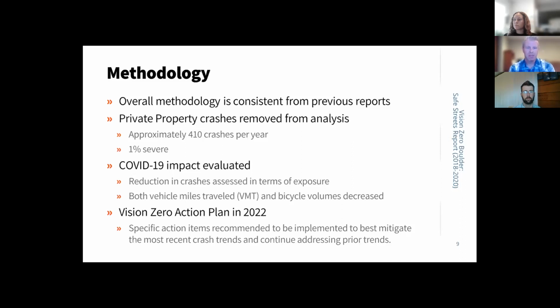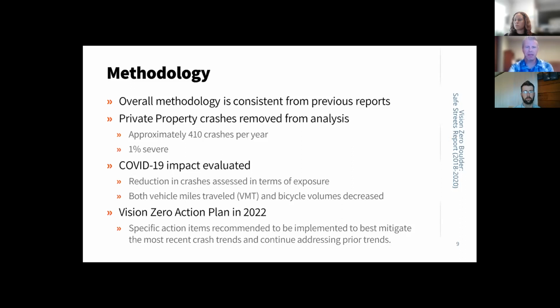The next thing, of course, was to account for the COVID-19 impacts that we experienced in 2020 in terms of changes to our crash data. And we wanted to look at crash reduction in terms of exposure. And so we did a few things in terms of reviewing vehicle miles traveled and also bicycle volumes within the city.